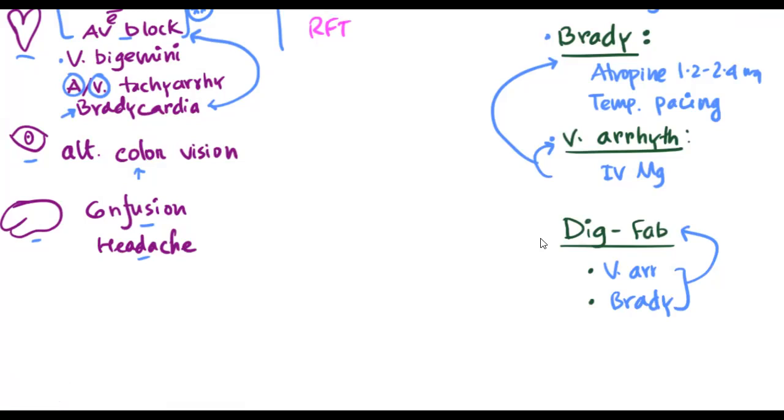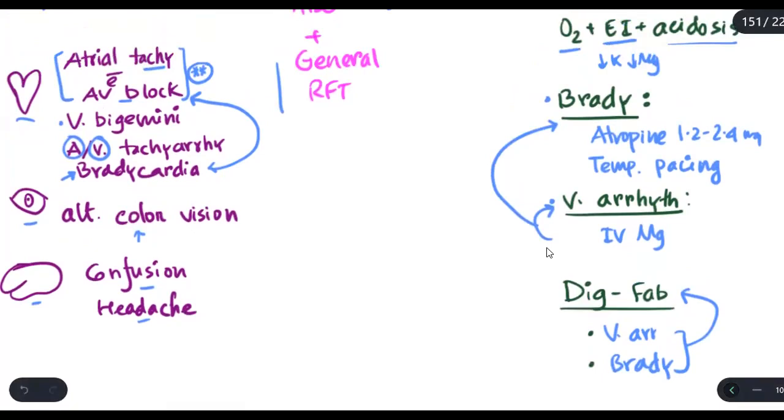Those are monoclonal antibodies against digoxin. So we calculate the estimated dose, and then we give half of that estimated dose of digifab. In most cases, this is very effective in reducing the level of digoxin and reducing the cardiac toxicity.